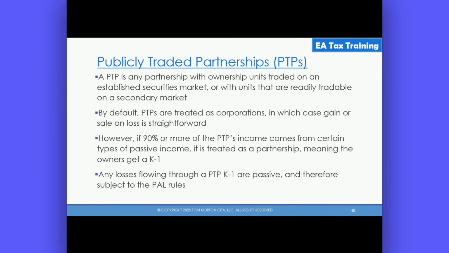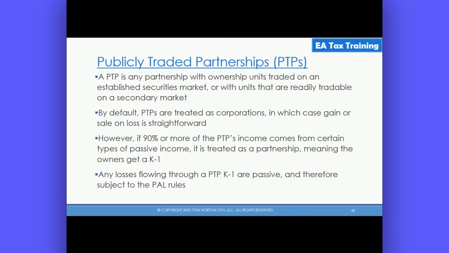So there's this exception. If 90% or more of the PTP's income comes from certain types of passive income, then it is treated as a partnership rather than as a corporation. And that means that the owners will get a K1. Any losses that flow through from a K1, from a PTP, are passive losses and therefore are subject to the passive activity loss rules.